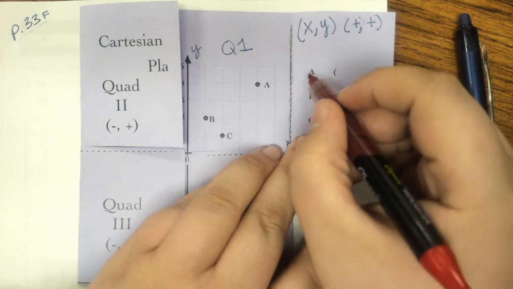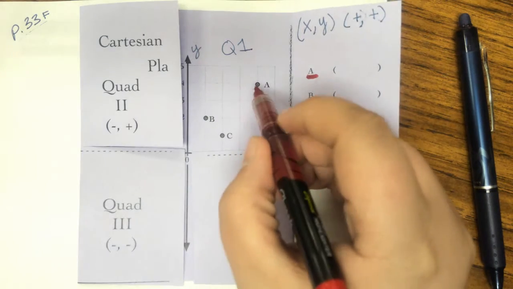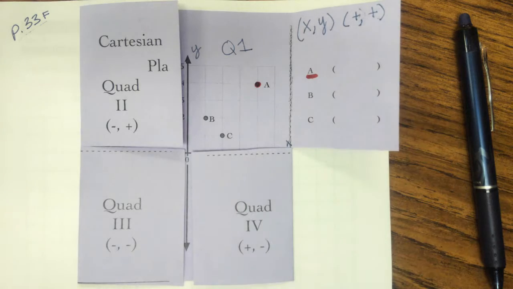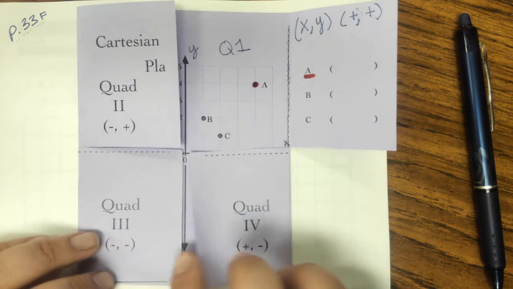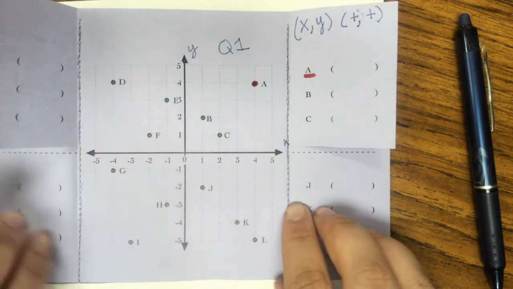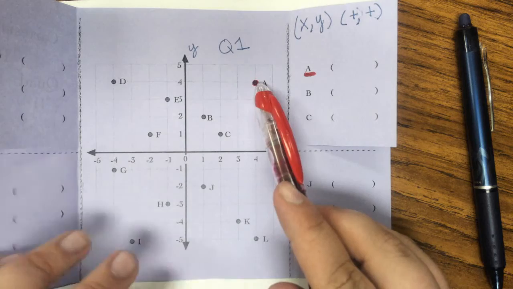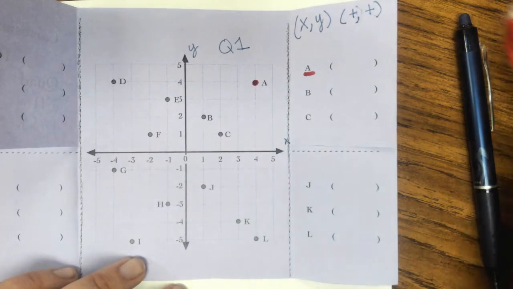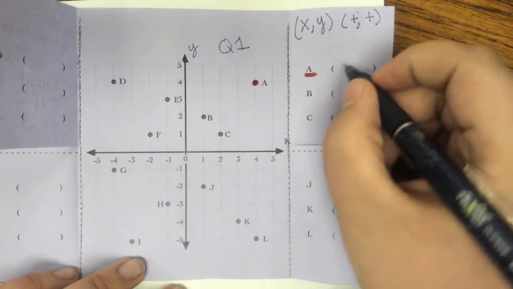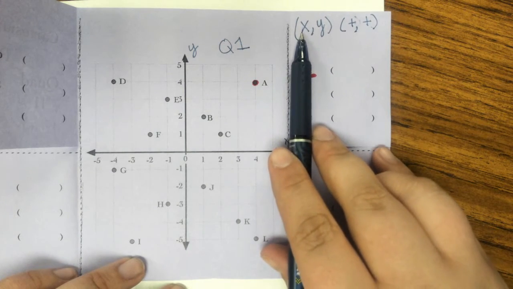And we're going to find ordered pair A on our graph. Ordered pair A is right here. I'm going to open this just so we can see the numbers. To write the ordered pair, we need two numbers. We need a pair of numbers. The first one has to be an x value.